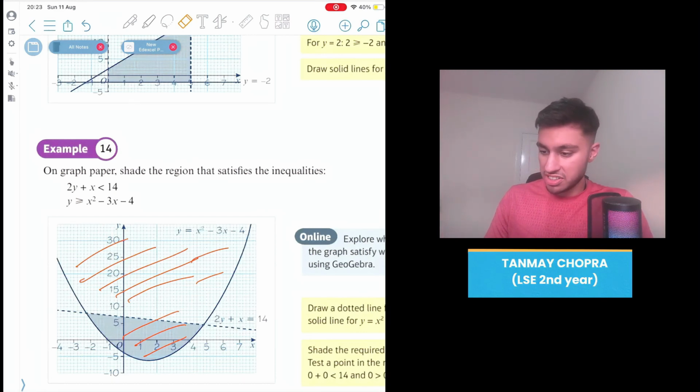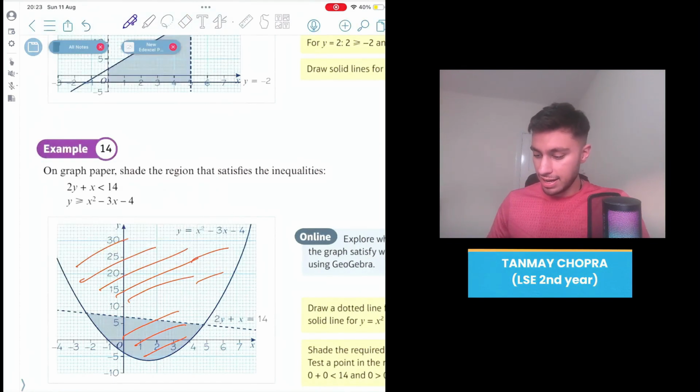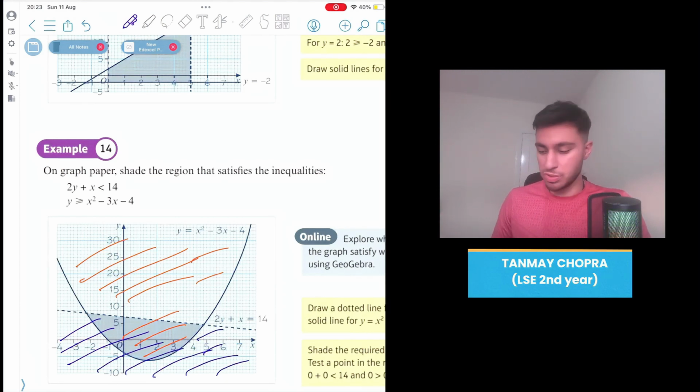So when I want something strictly less than that, I'm going to change my colored pen. And I know I'm looking at everything below the line. But what is the area that satisfies both of them? It is the shaded area, R. Hopefully you can now understand it. I was interested in this area. So the overlapping bit is the area of interest.